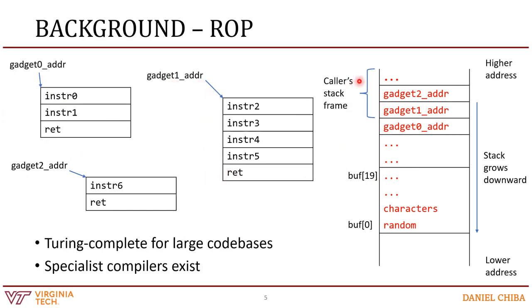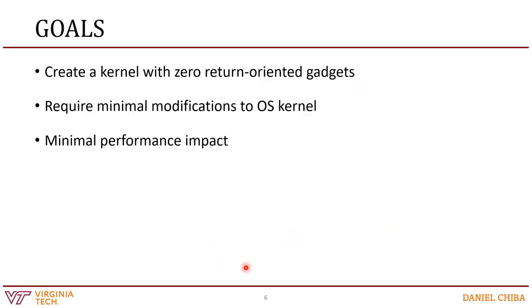There's another ret, gadget 2, and you can form what's called a ROP chain and execute arbitrary code. And for large code bases like C libraries and OS kernels, return-oriented programming has been shown to be Turing complete. So you could literally execute arbitrary code, and there are also ways to automate this process.